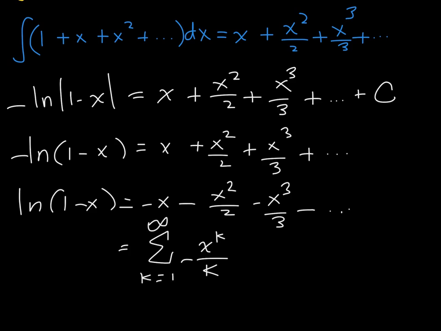Matter of fact, I can write this as the negation on the outside of the summation of x to the power of k over k as k goes from 1 to infinity. So what you and I were able to do is integrate our power series, and we got a new function that is represented by some new power series. So this is really great.